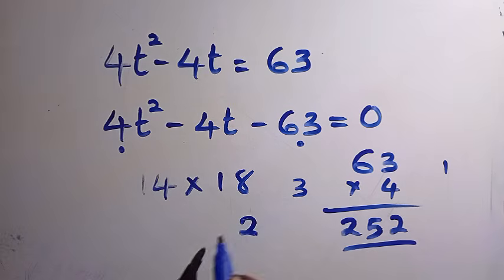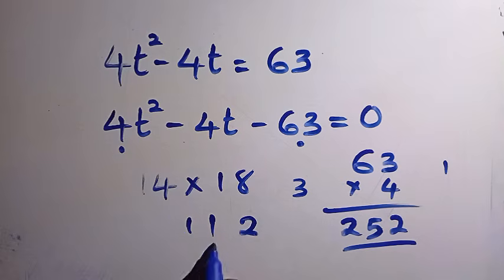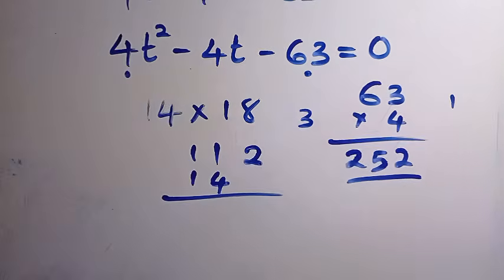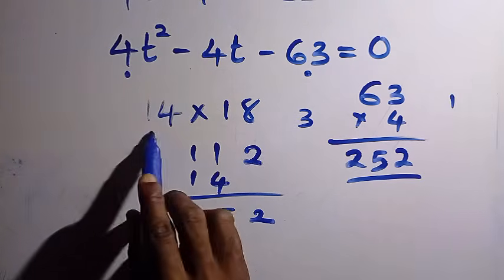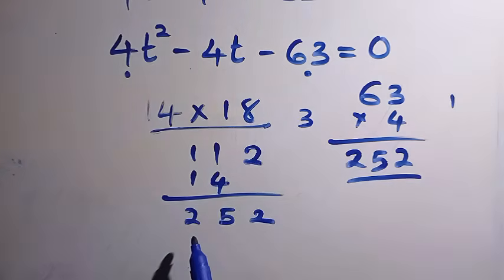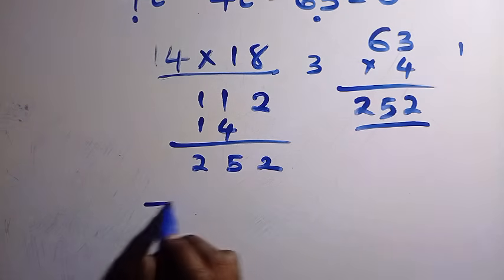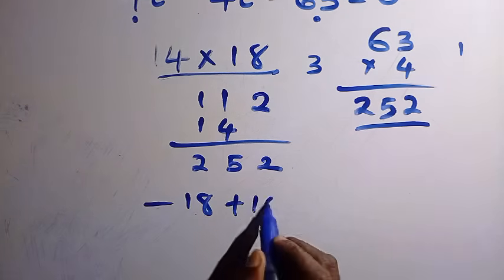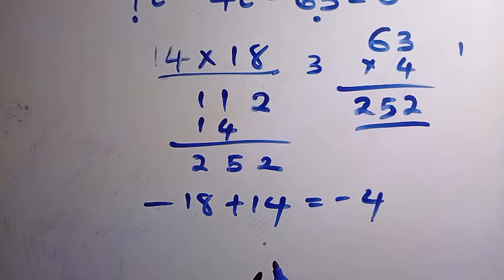We have 3 here. 8 multiplied by 1 is 8, plus 3, that is 11. And 1 multiplied by 1 is 1. The whole of this gives us 252. So this works, but how can we manipulate this? We manipulate this by having minus 18 plus 14. Minus 18 plus 14 gives us minus 4, and multiplying them gives us minus 252.